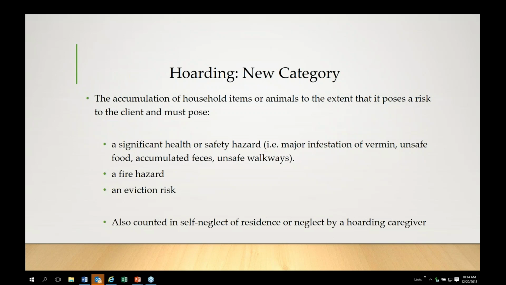Now, if it's self-neglect, it would be self-neglect of residents. It's still going in that category, or neglect by a caretaker if it's the caregiver who's the hoarder. I'm hoping that makes sense. But basically, we want you to still put all of those kinds of cases in their normal spot, self-neglect or neglect by someone else, but also count it. Click a button that says this is also hoarding.